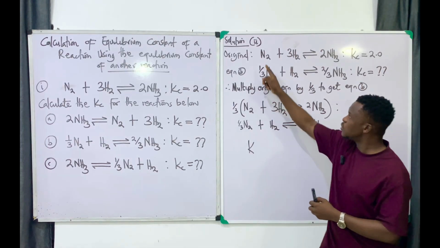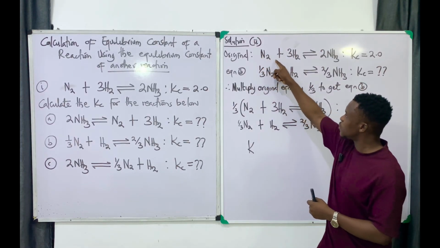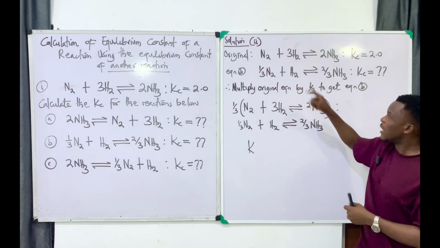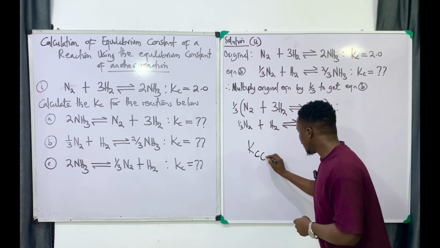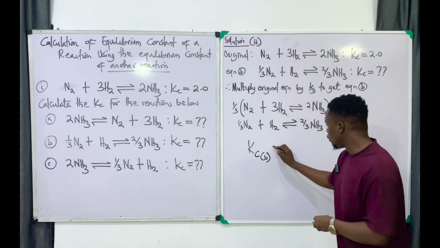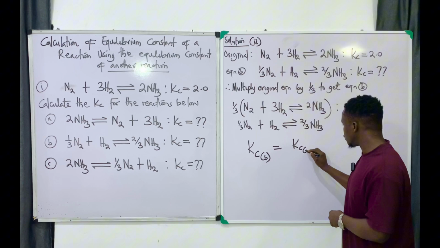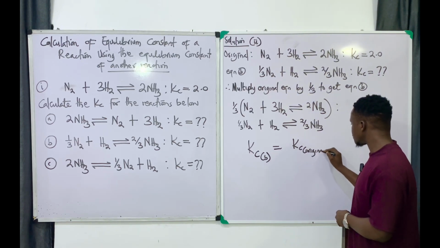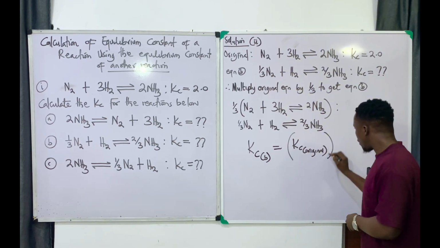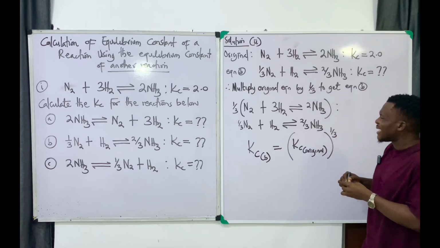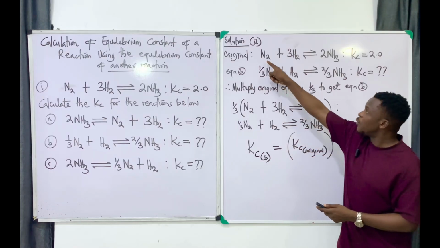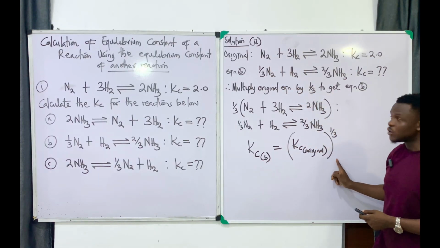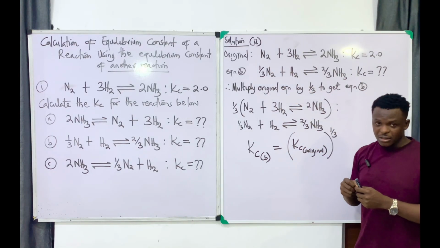So since we used 1 over 3 to multiply this equation to get this, the equilibrium constant of equation B will now be equal to the equilibrium constant of the original equation, all raised to the power of 1 over 3. Why did I say raised to the power of 1 over 3? Because we multiplied the original equation by 1 over 3 to get equation B. All right.